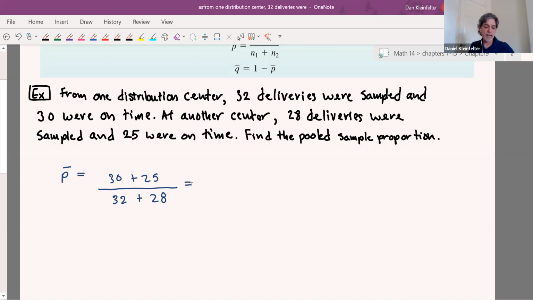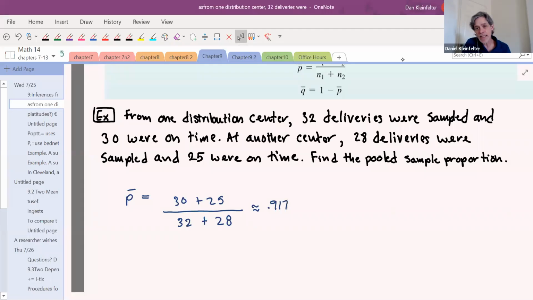Okay, so let me go ahead and give you a decimal for that. So we have 55 divided by 60. And so that's about 0.917. Okay. So that's the pooled sample proportion, where we basically put all of the, in this case, deliveries together.